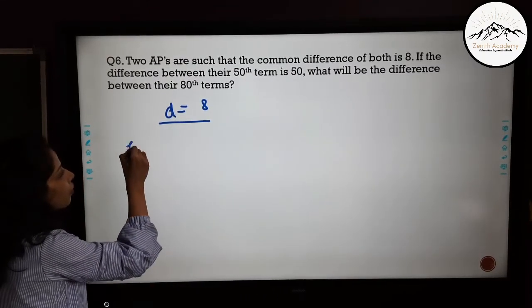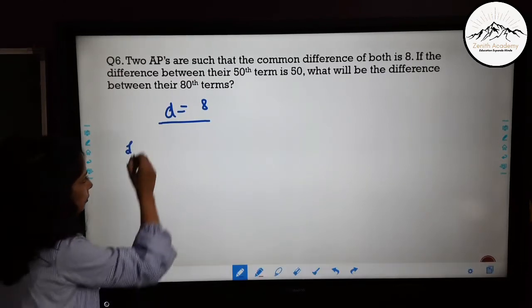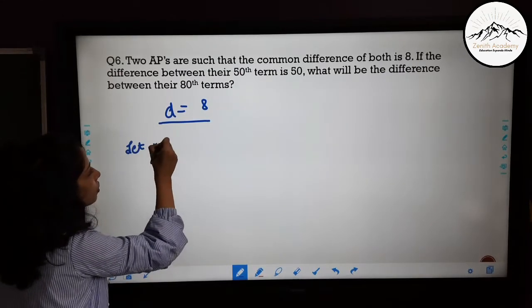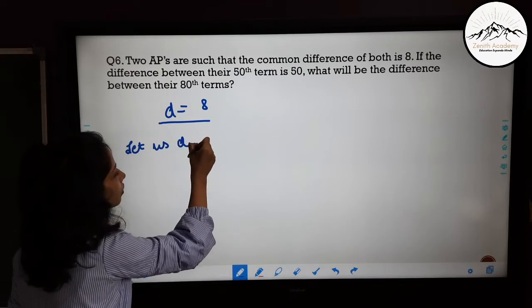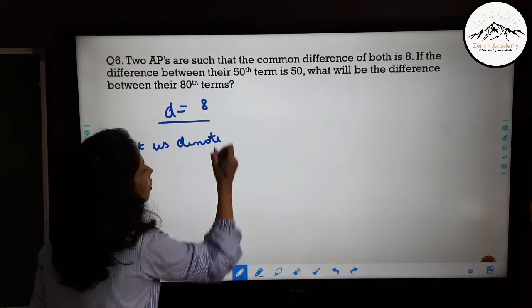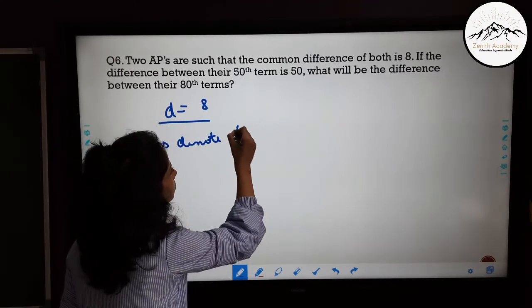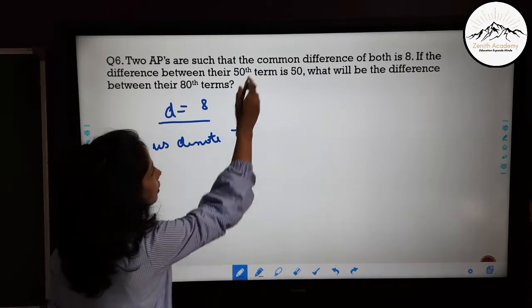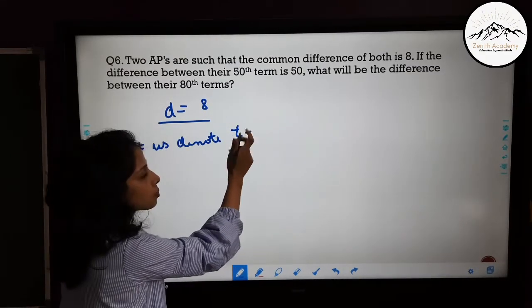So for the first AP, let us denote the nth term, here the 50th term, by this small t.